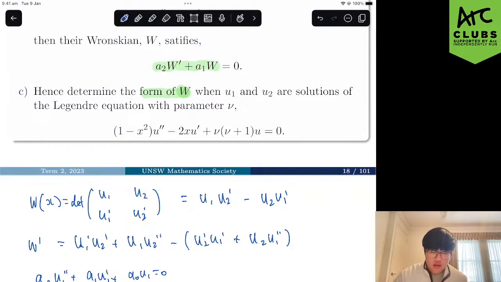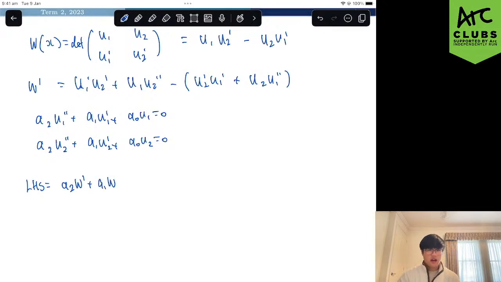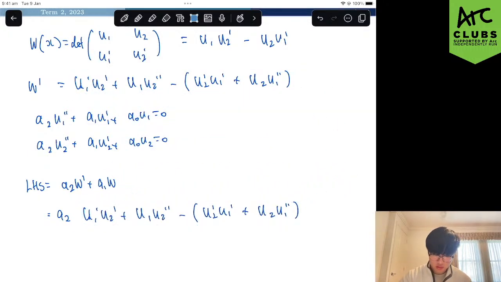So A2 W dash plus A1 W. And that is then equal to A2 of what we have here plus A1 of that first thing we have up here as well.